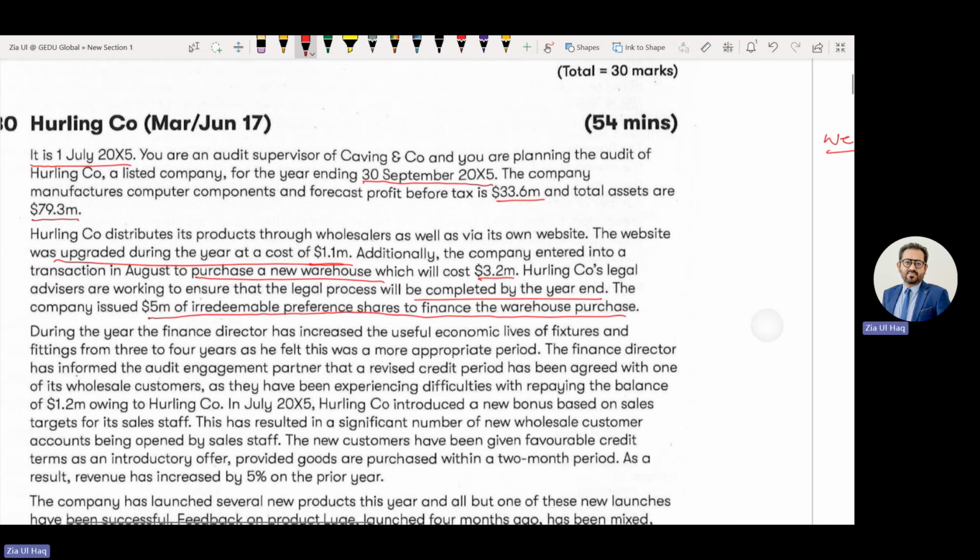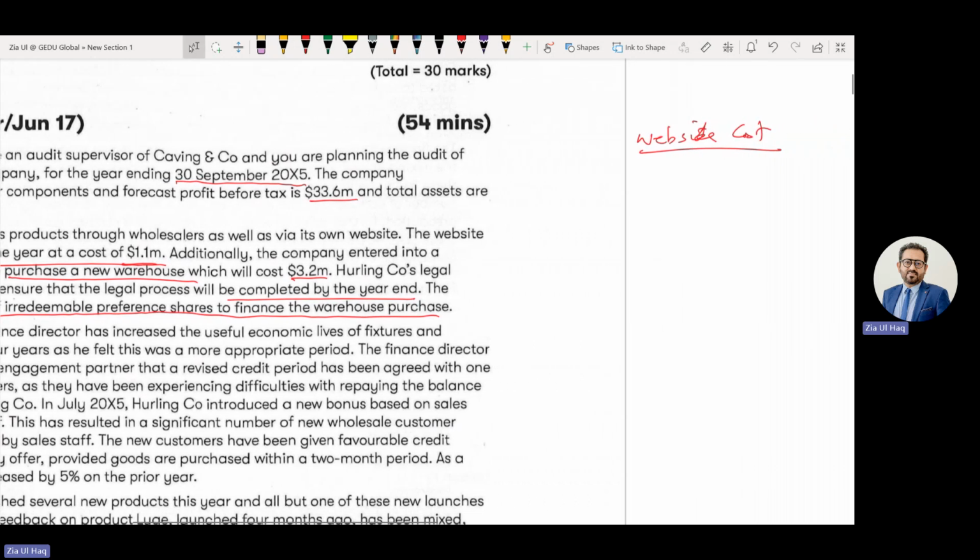If we compare 1.1 million with the profit before tax of 33.6 million, how much percentage is that? 1.1 divided by 33.6 multiplied by 100. That is 3.27%.